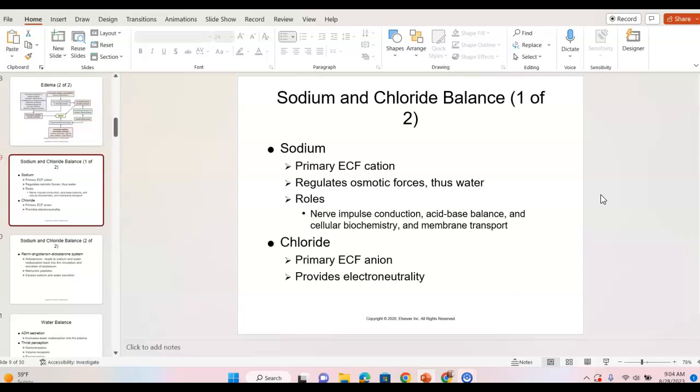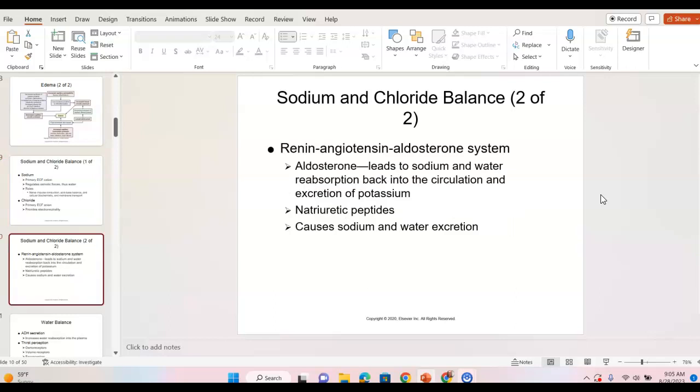Okay, so we need to make sure we have enough sodium to control our muscles and our nerves. Some basic acid-base balance, I'll explain acid-base in a minute. Membrane transport, cell biochemistry. Really, sodium, I want you to remember as one of the ions that we will use with nerve and muscle contraction.